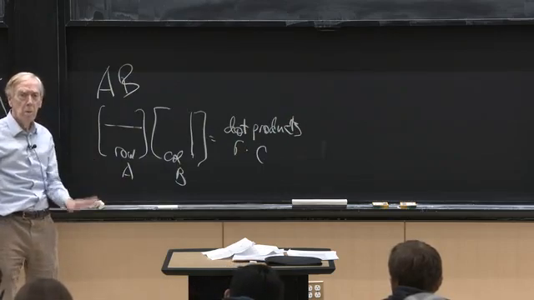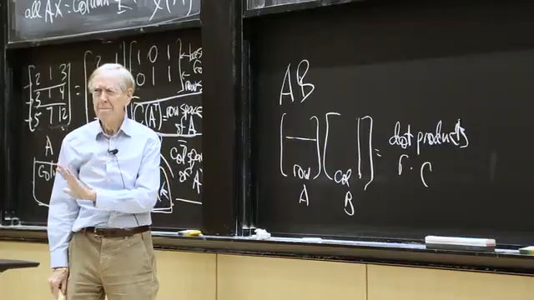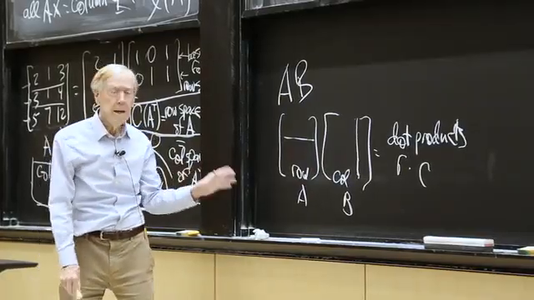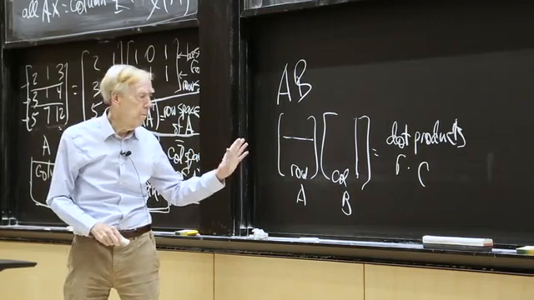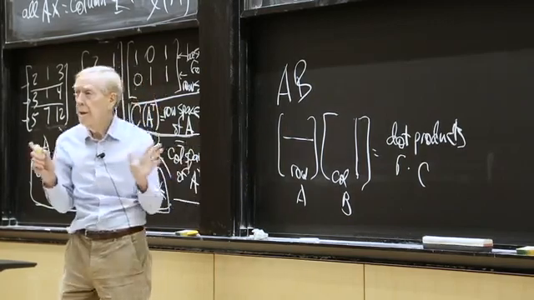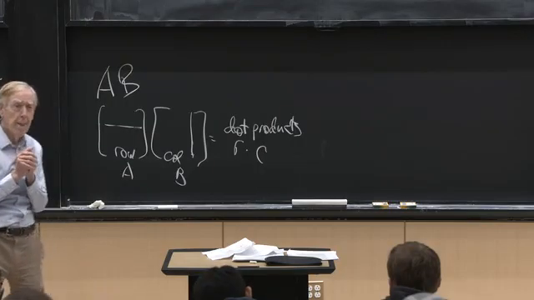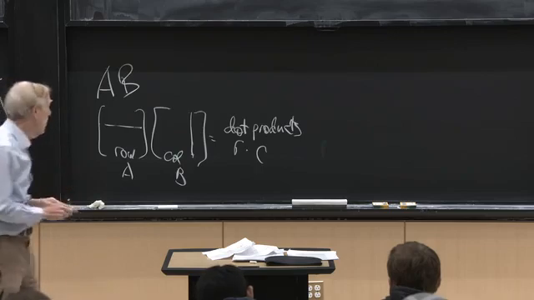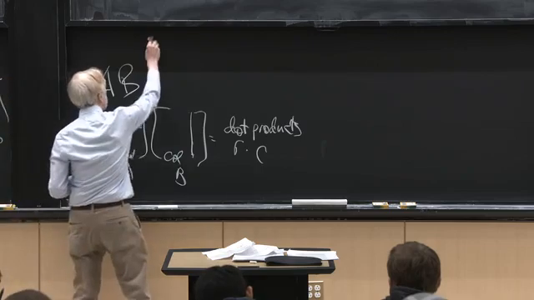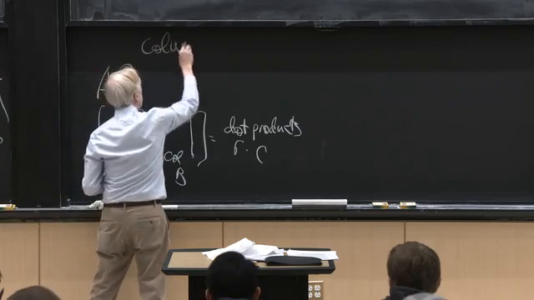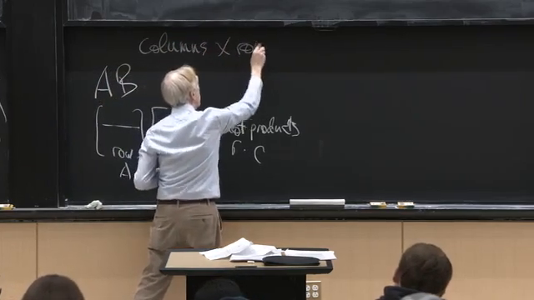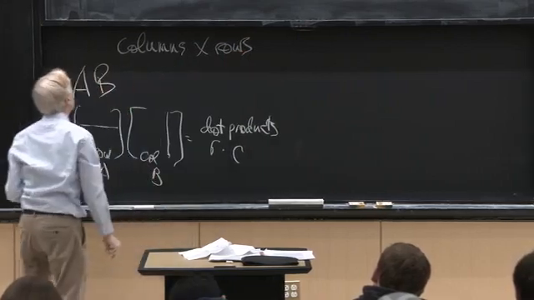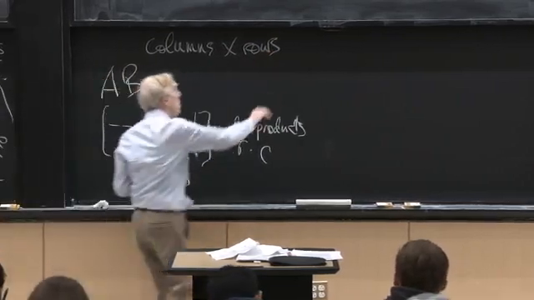That's, again, low level, okay for beginners, but we want to see matrix multiplication AB in a deeper way. And the deeper way is columns times rows. Columns of A, rows of B. Oh, we had a column times a row. Right?